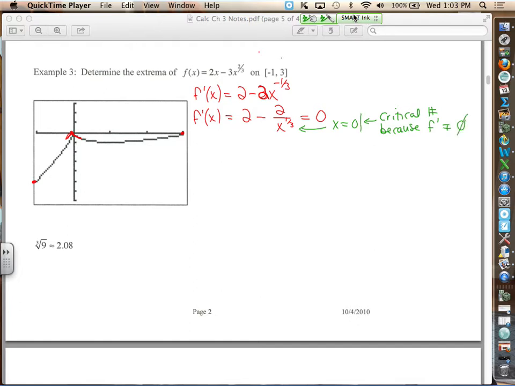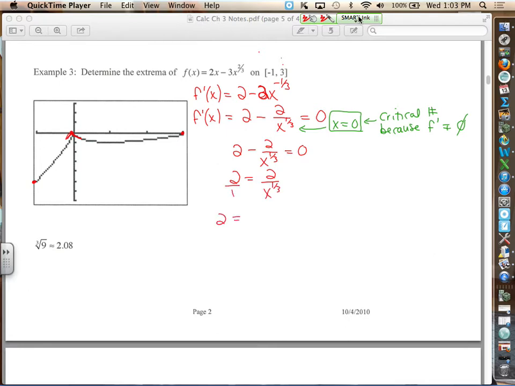So I already have one critical number. I still haven't solved my derivative, though, to figure out what else x could be when I set it equal to 0. So I'm going to go back to this and see if there are any other critical values. So I know a place where it's undefined. Let me see if there's any places where it's equal to 0. So I can solve this. I'm going to put the 2 over x to the 1/3 on the other side.